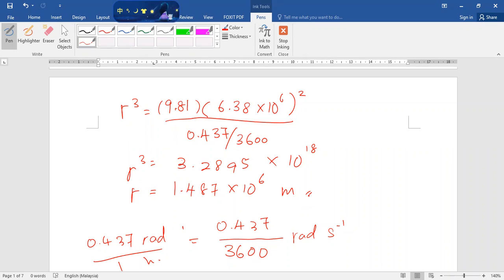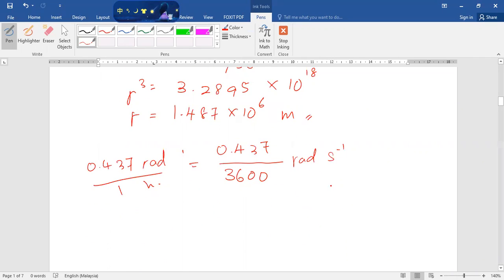Okay, so this means r will be the distance of the satellite. R is considered from the center of the Earth, yeah.